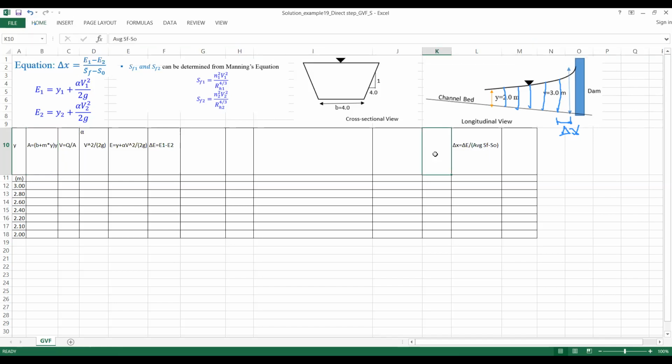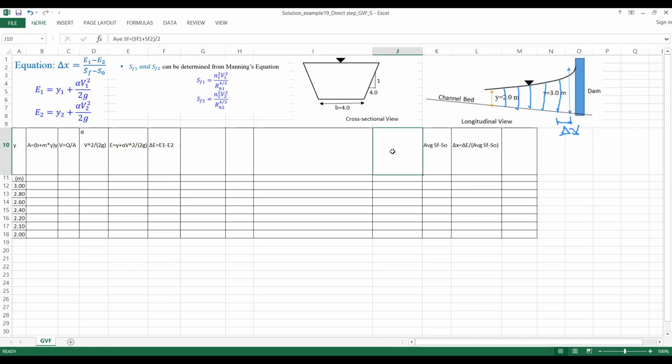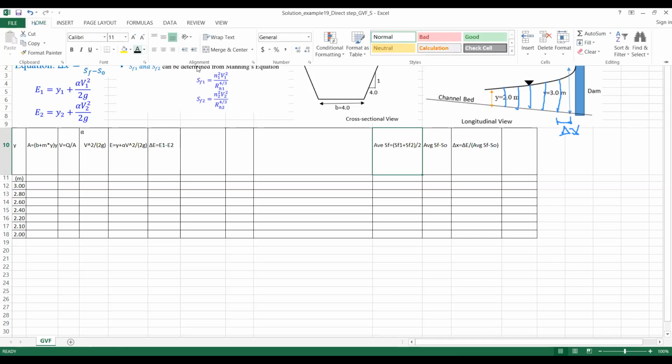The average SF is like friction slope 1 plus friction slope 2 divided by 2. So we have to calculate friction slope 1 and friction slope 2.